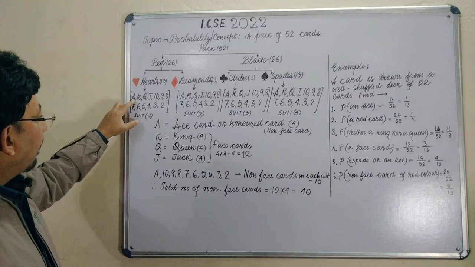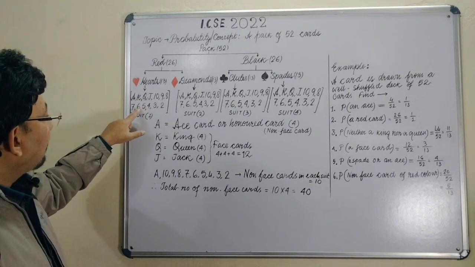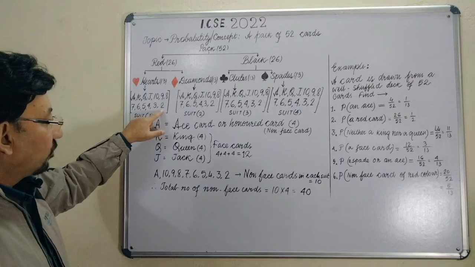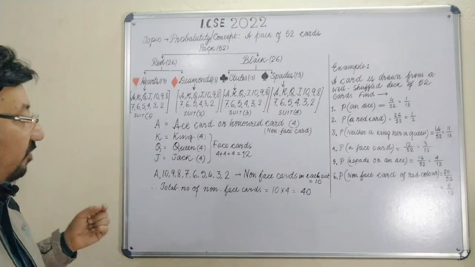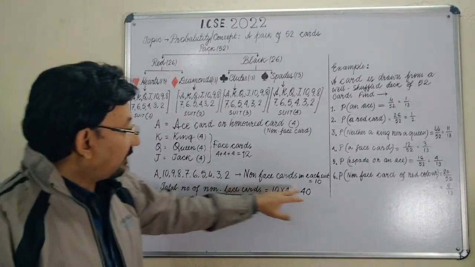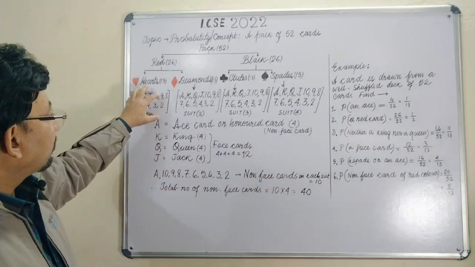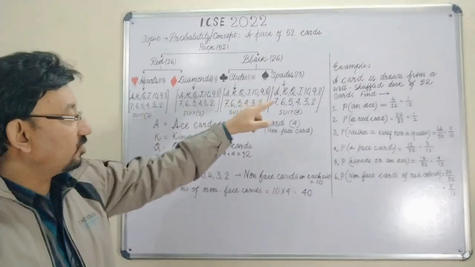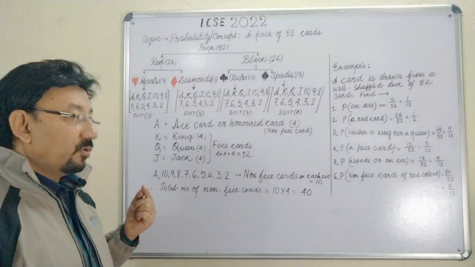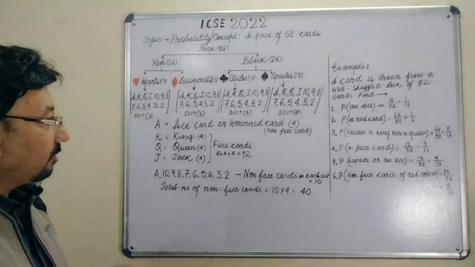So, A, 10, 9, 8, 7, 6, 5, 4, 3, 2 are called non-face cards. So, there are 10 non-face cards in a suit. Since there are 4 suits, the total number of non-face cards is 10 into 4, 40.